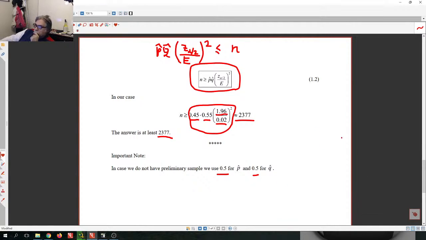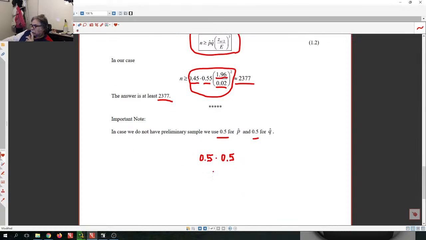Why? Because according to this formula, n has to be bigger or equal than what is on the right side. So I have to tell you that 0.5 times 0.5 is always bigger than a product of p and q, no matter what p and q are.